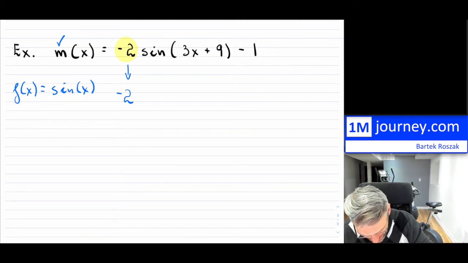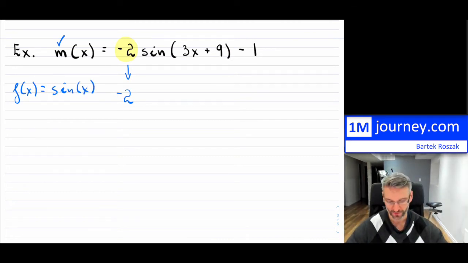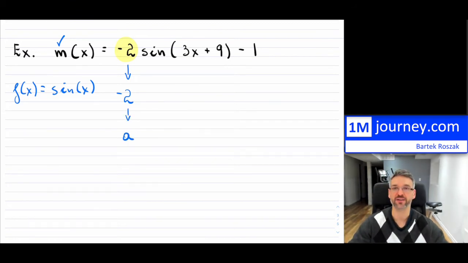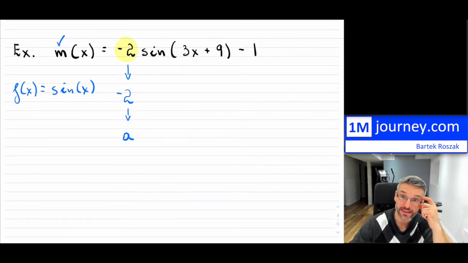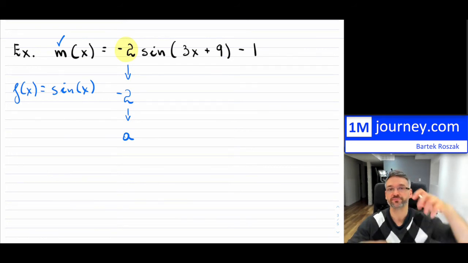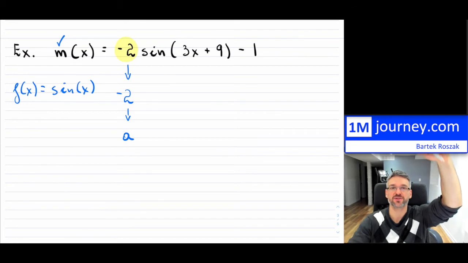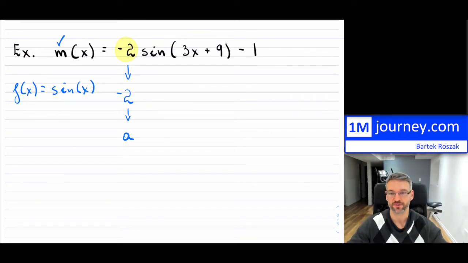So we want to see how this is transformed. So this is basically your A. So it's -2. Now what will that mean? Well, the 2 is going to stretch out in the Y. The negative means it's going to reflect in the X, so it's going to flip it all over. So that's what we would have seen there. And I'm going to do that in just a moment.